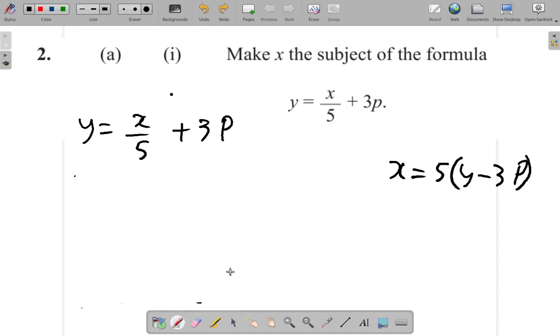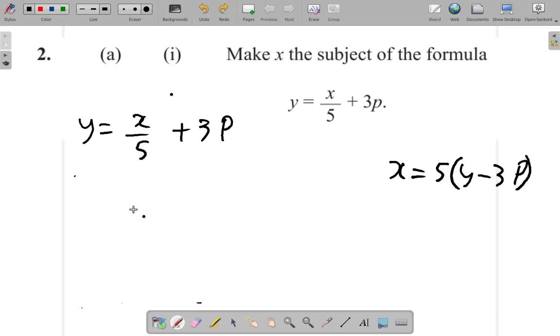Suppose instead of multiplying by 5 first, remember, first of all, I want x alone equal. Now, suppose I get rid of 3p first.